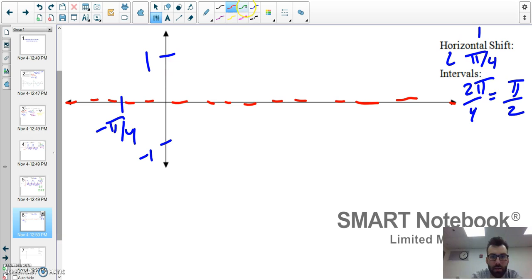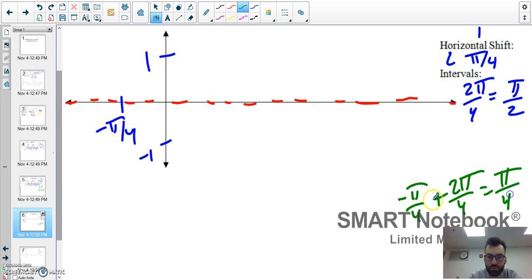If I start at negative pi over 4, and I add pi over 2, which is 2 pi over 4, I get pi over 4. So my next tick mark should be at pi over 4. If I add 2 pi over 4 again, I get 3 pi over 4.